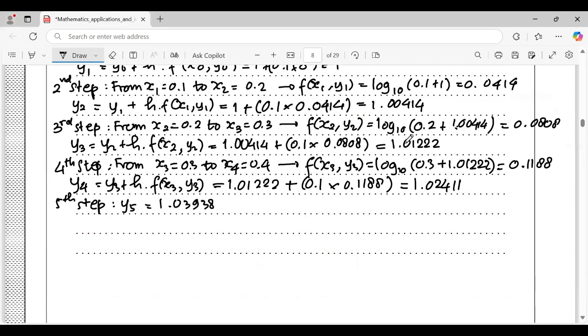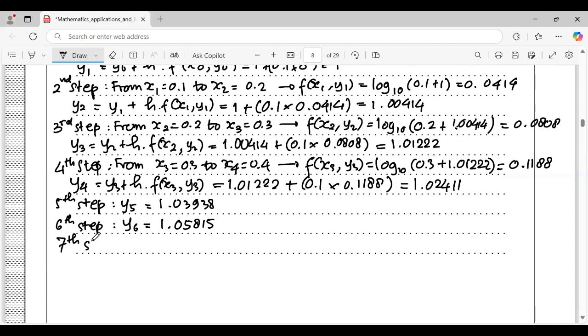You can determine it this way. And then the sixth step, y6, 1.03938, 0.05815.